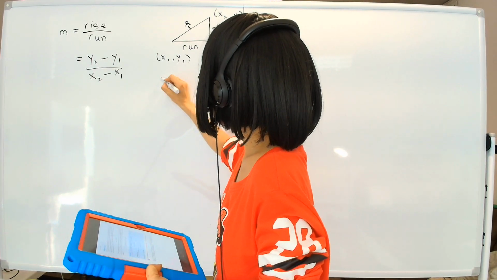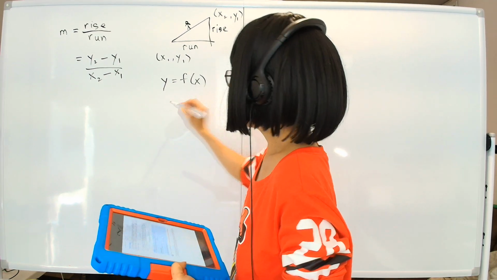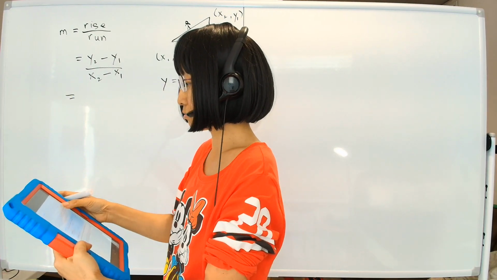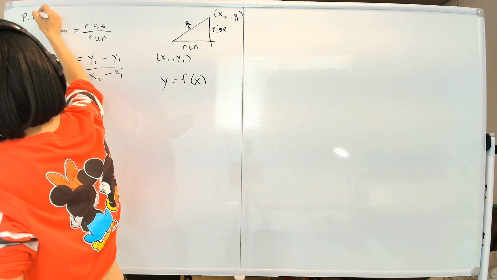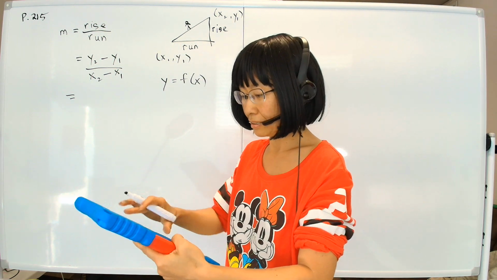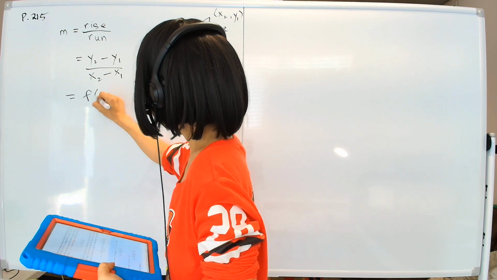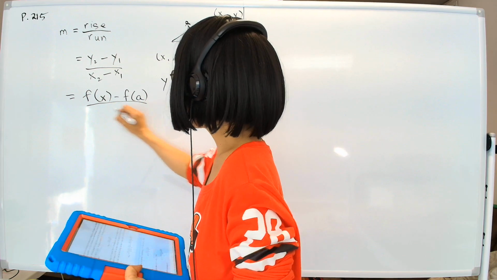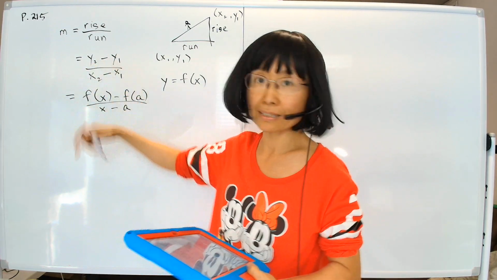Now, being that in calculus we call y equal to f of x, right? The slope can also be defined as, I'm on page 215, so the slope can also be called this, which is (f of x minus f of a) over (x minus a), where f of x is y2 and f of a is y1.